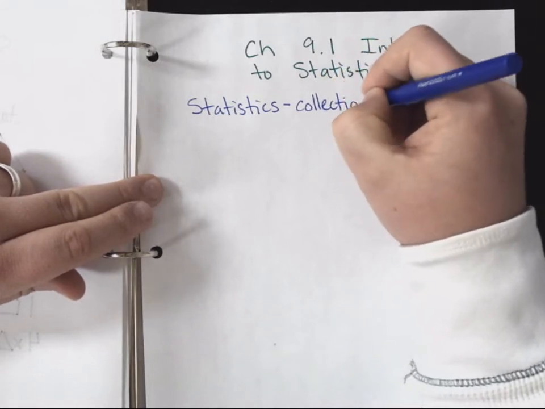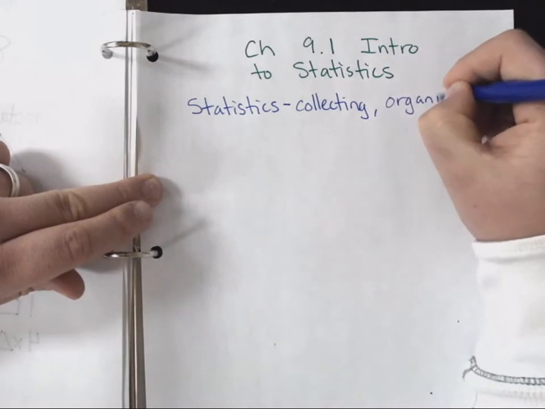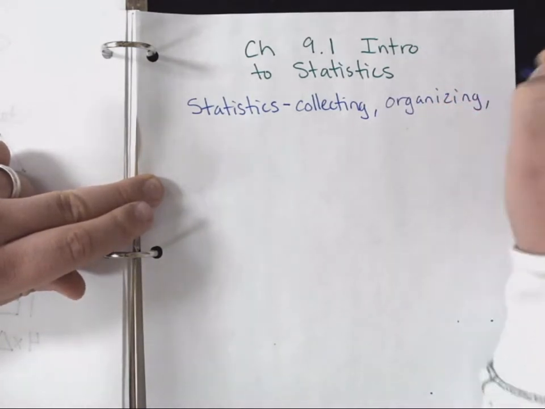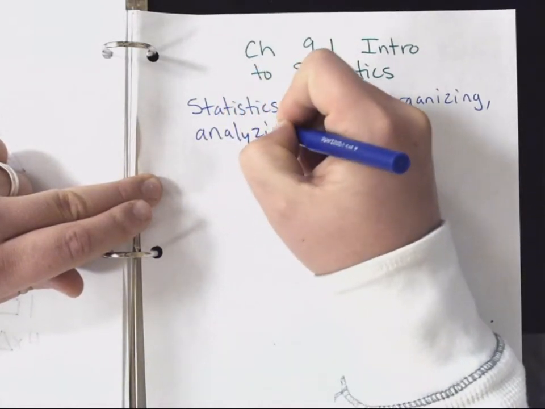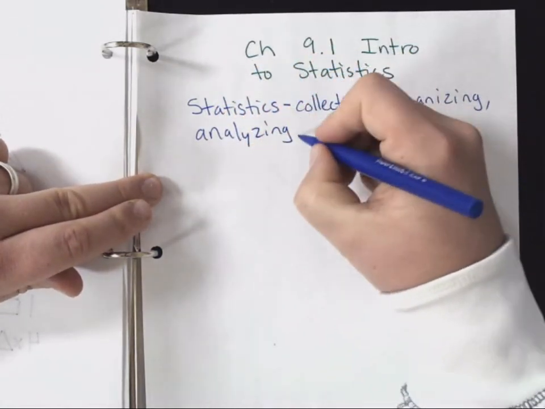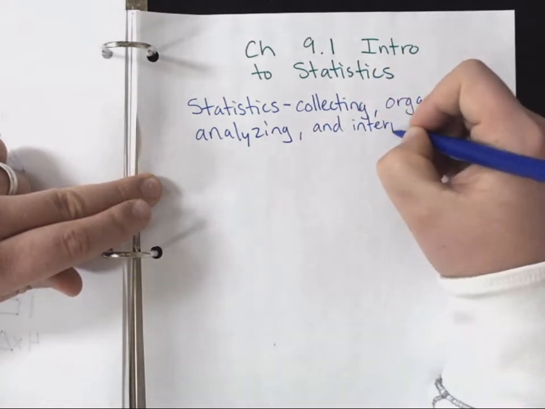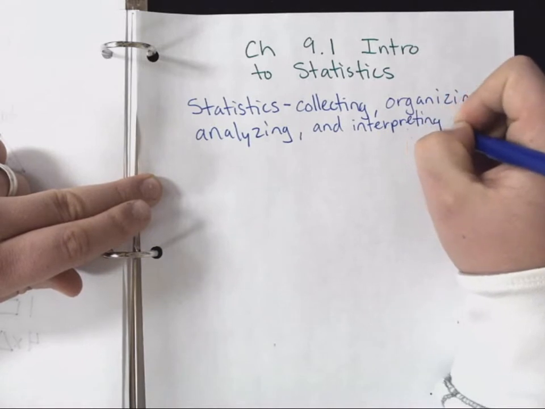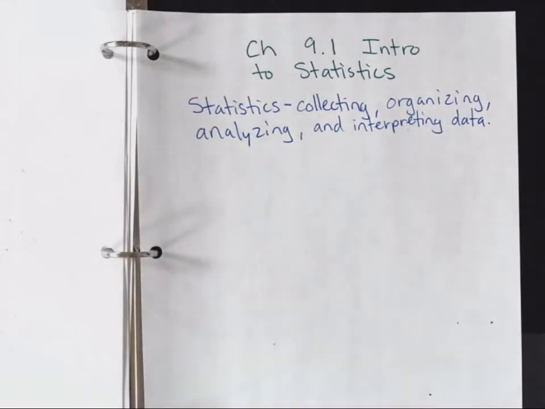Collecting, organizing, analyzing, and interpreting data. So this chapter is going to be all about different forms of data, how we collect it, how we organize it, how we analyze that data, or interpret that data.